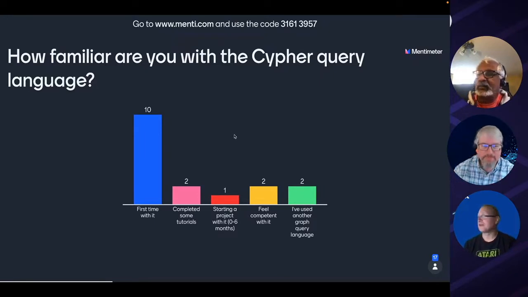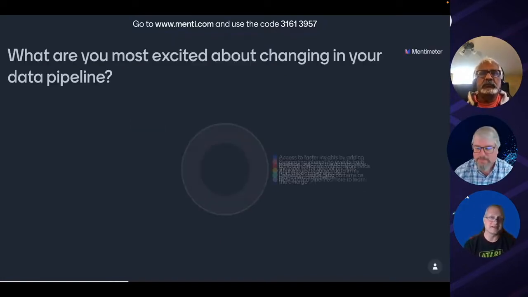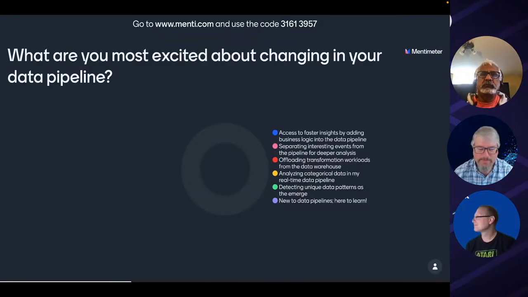Some people have used other graph query languages. I'd be curious to know what those are. If you could put those in the chat, that would be good to read. Lots of first-time folks with Cypher.